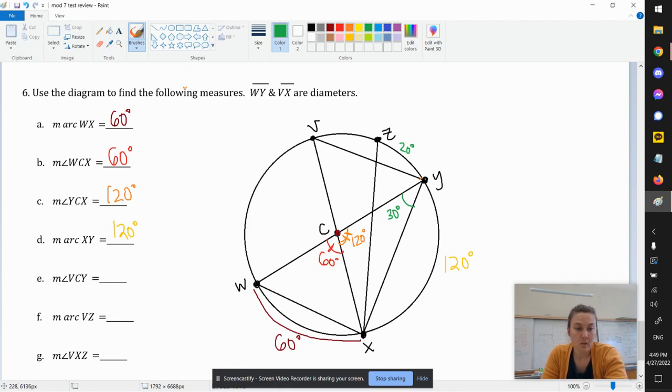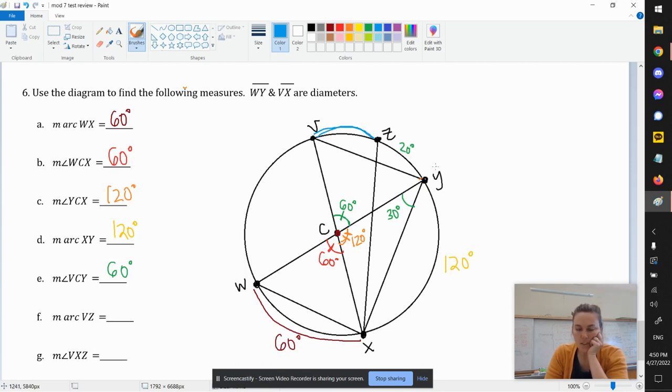Nice. Measure VCY. If we want to know this angle, this is going to be 60 because they're vertical angles. This is vertical with the red WCX. Cool. Arc VZ. This one's kind of tricky.